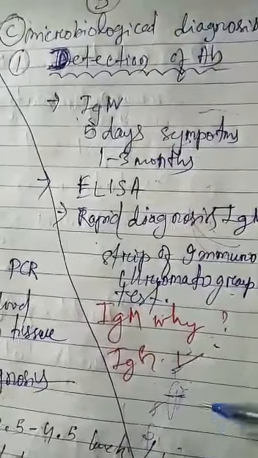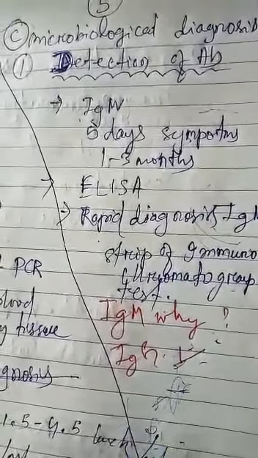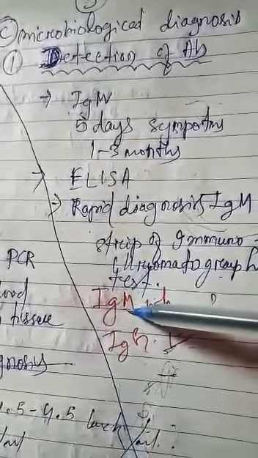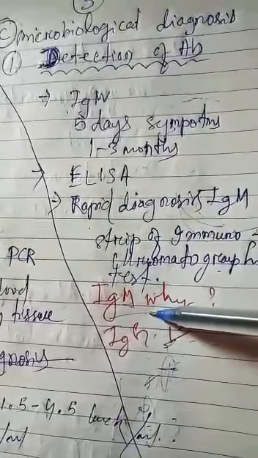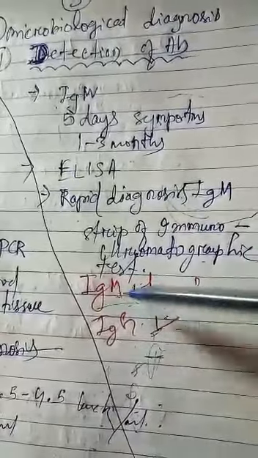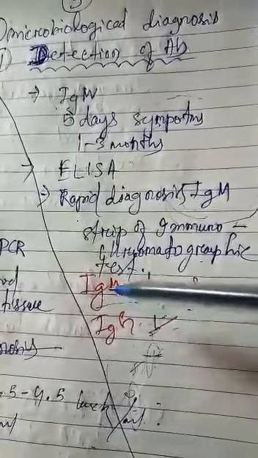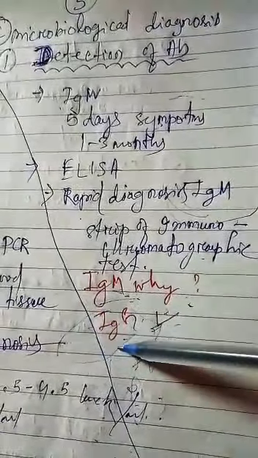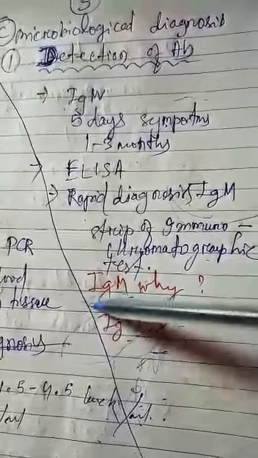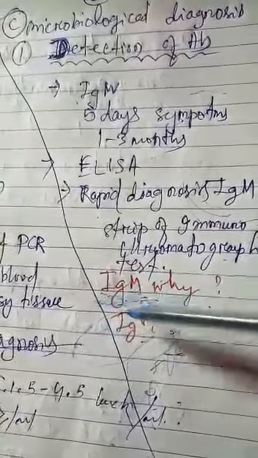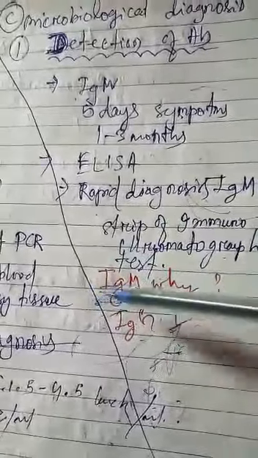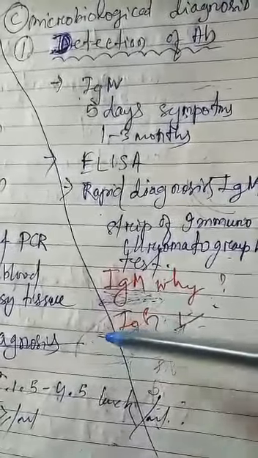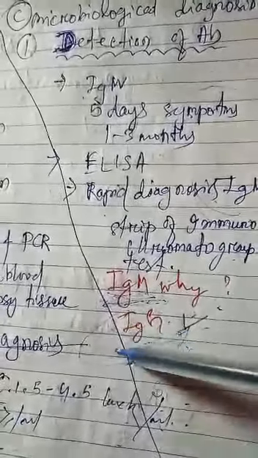As our immune system produces IgM in the initial stage of infection, it can be expressed without isotype switching, but IgG needs isotype switching. That's why IgM appears first in the initial stage, and later, by using isotype switching, IgG appears in the later stage.